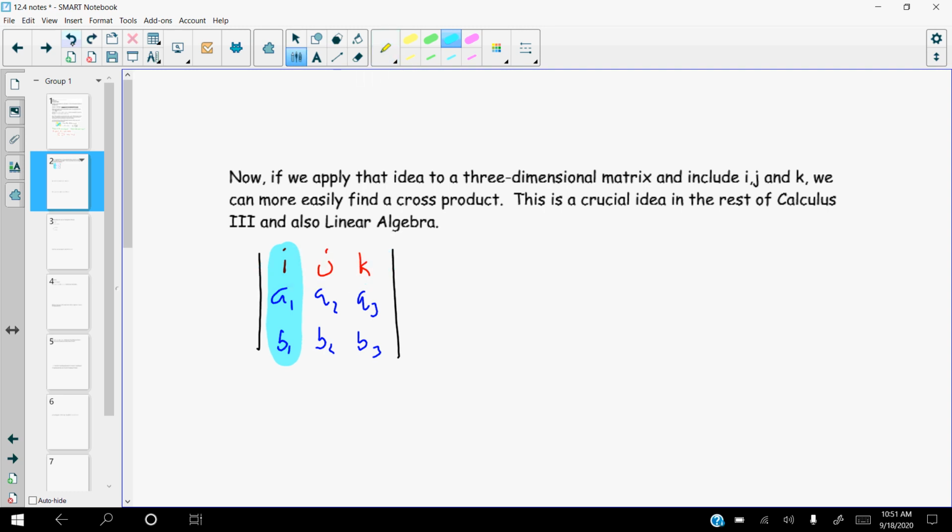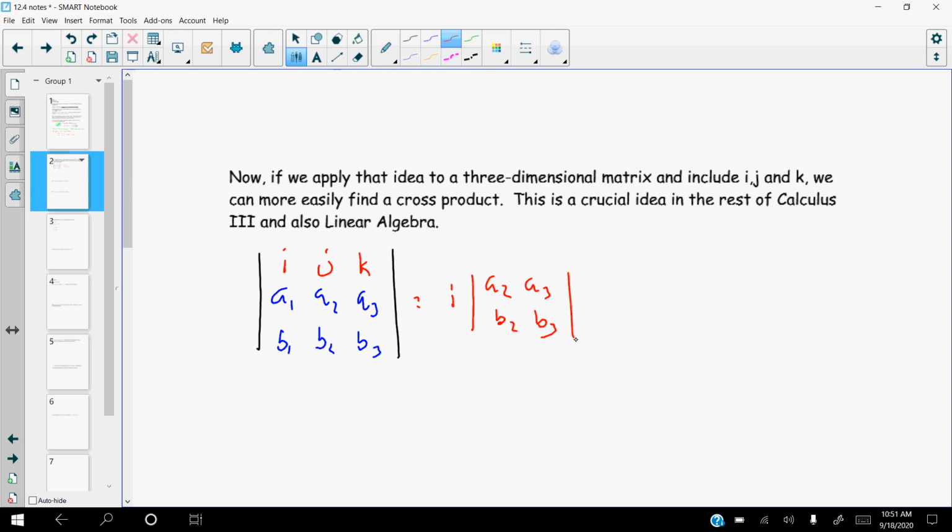So that's going to leave us with I times the matrix that was left over when I eliminated the I row and column: A2, A3, B2, B3.